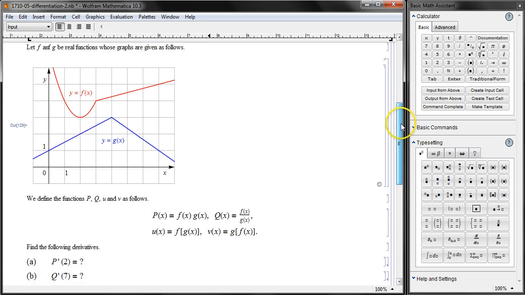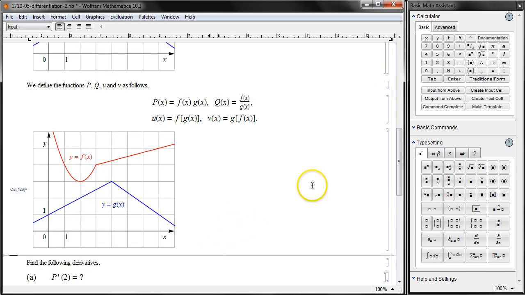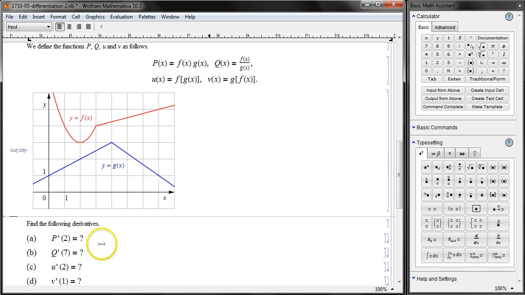When we have a graph, let's see, how about the first problem, p prime of 2. Let me keep it a bit closer. What is p prime of 2? P is this. So if you take the derivative, it's going to be the product rule. And then p prime of 2, well, here we go.